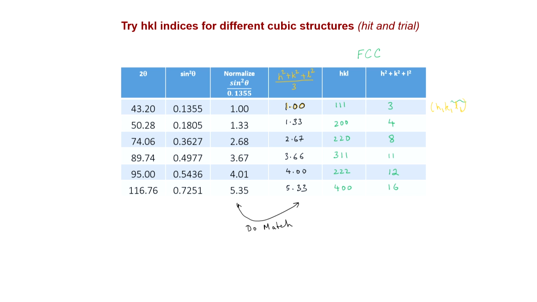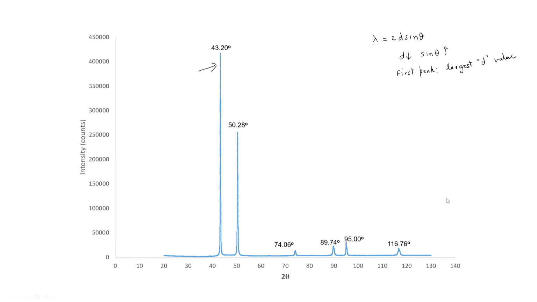And therefore, in this case we can say with complete confidence that the structure is face centered cubic. If I go back to my diffraction pattern, I can now assign indices to the individual peaks.